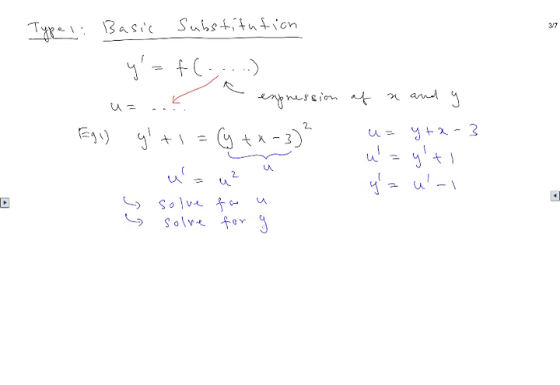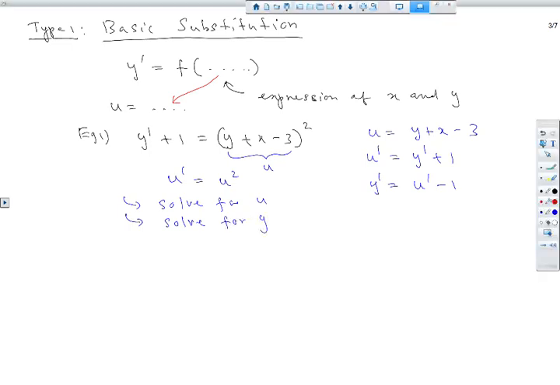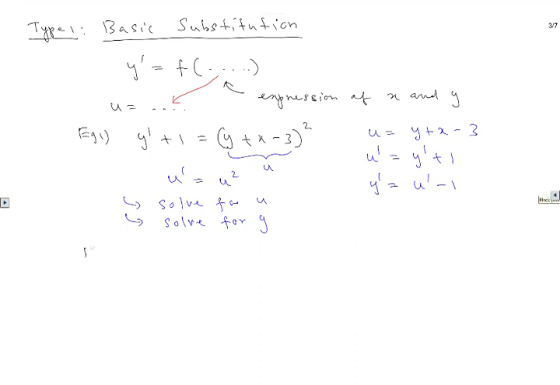Let's look at a different case. For example, 4y prime equal y squared plus 6x. You can see the special format of this problem: you have y squared on the right side, and on the left side you see y prime. That suggests something.